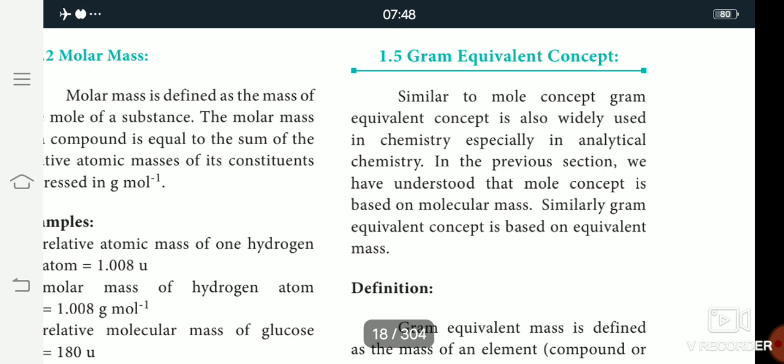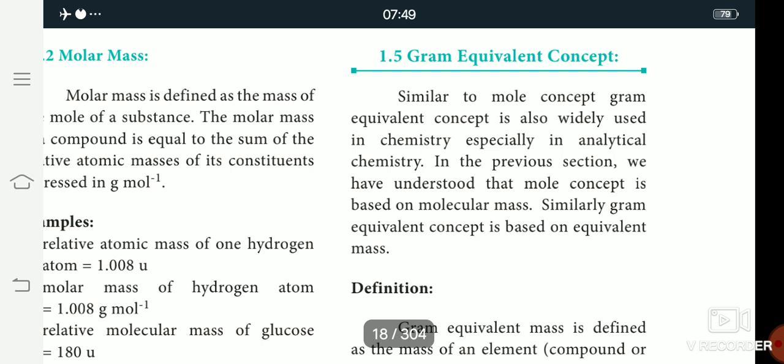The gram equivalent mass is defined as the mass of an element that combines with or displaces an element. That element is hydrogen, oxygen or chlorine. Hydrogen's value is 1 gram, oxygen is 8 gram, and chlorine is 35.5 gram.